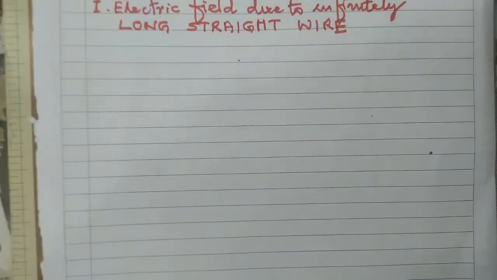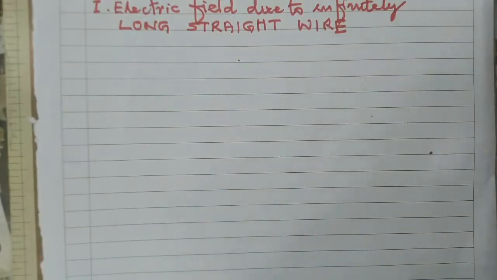It states that the total electric flux through a closed surface enclosing a charge is equal to 1 by epsilon 0 times the magnitude of the charge enclosed. Let me write the mathematical formula here, and then we'll go to the applications.